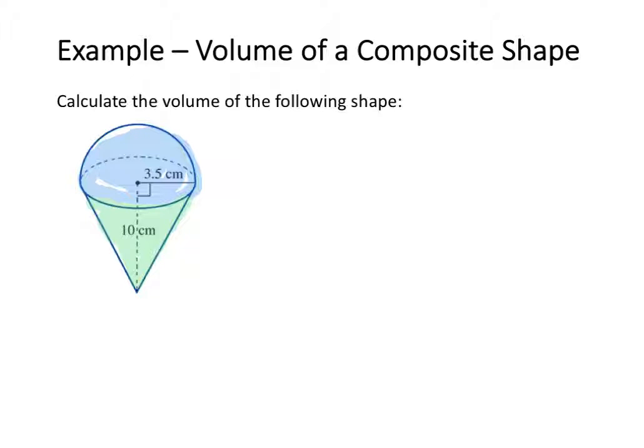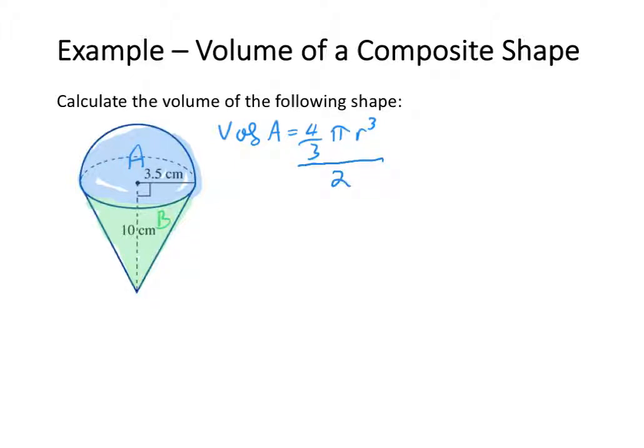So now that I've broken it into two separate shapes, I can label those shape A for the semisphere and shape B for the cone, and calculate their individual volumes. So volume of A is going to equal 4/3 times pi radius cubed. And because it's a semisphere, I need to divide that by 2.